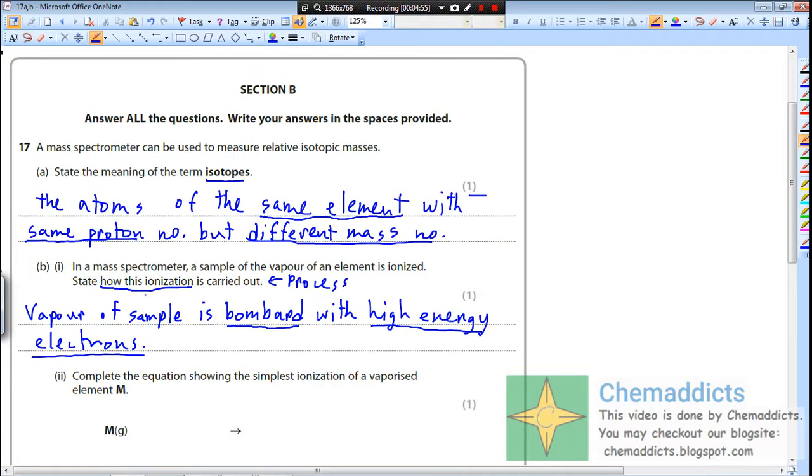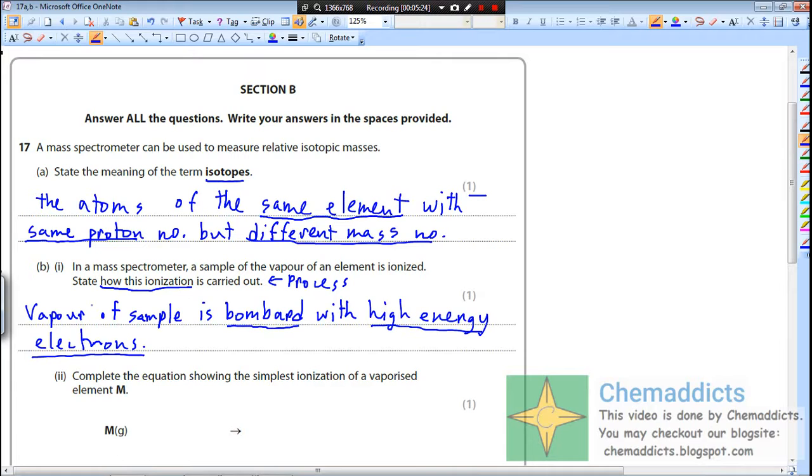Well fellas, there is one thing we need to know: we need to avoid giving reference to ionizing or forming positive ions. Just as before, we should not mention knocking one or more electrons from the outer shell, since that information is irrelevant here; they are asking about the process of ionization.